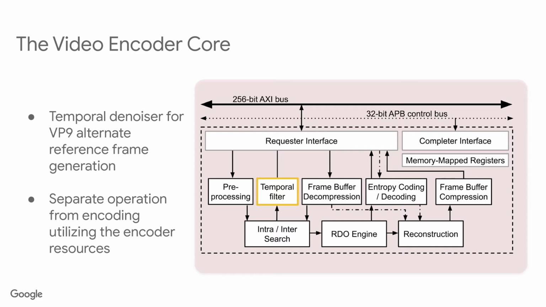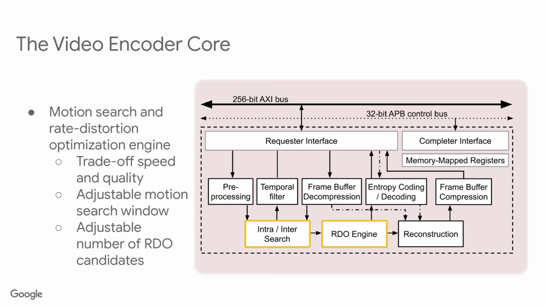Going next to temporal filter. The VP9 format has the capability of inserting synthetic reference frames called alternate reference frames into the bitstream that are decoded by the client but are not displayed, which significantly improves the compression efficiency. This is one example of a coding tool that was not available in any hardware implementation before ours.